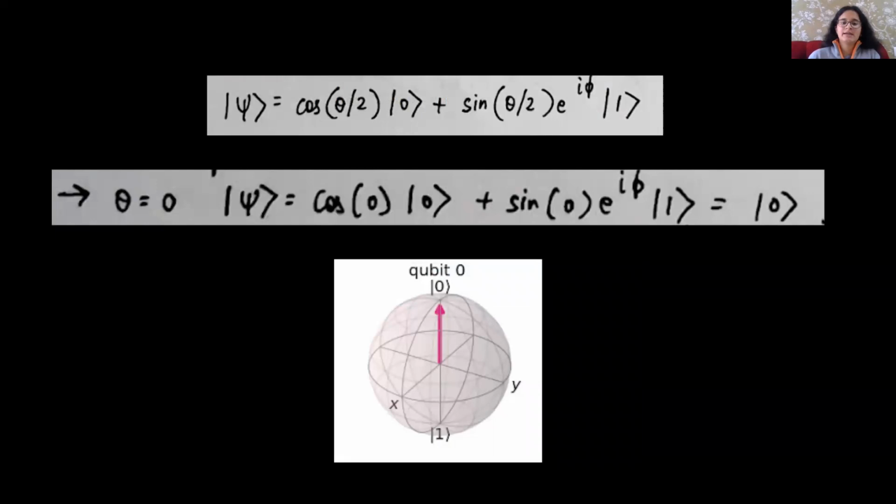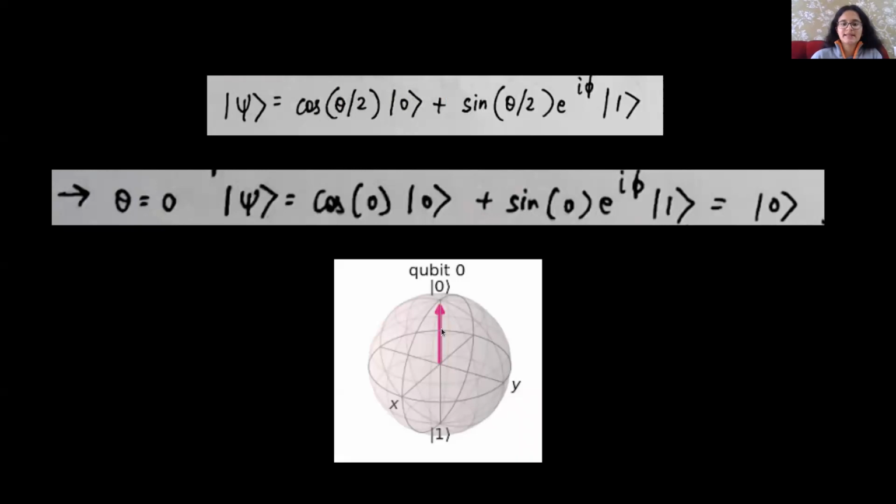We can also plot the Bloch sphere of our state, and we get the state of ket 0 that we have seen previously. Also, in a previous video, we established the equation for representing the Bloch sphere, where theta is the angle with the z-axis and phi is the angle with the x-axis. By changing these two angles, we can represent essentially any qubit on the Bloch sphere.